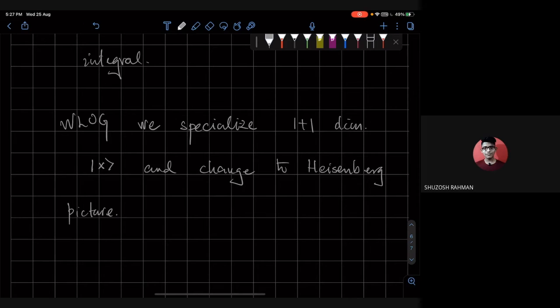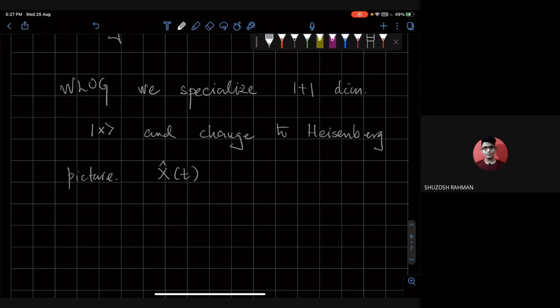So in the Heisenberg picture, the position operator, say x of t, is a time-dependent object, right? And what we do is denote by the ket x,t the position eigenvectors of the position operator at time t, okay?